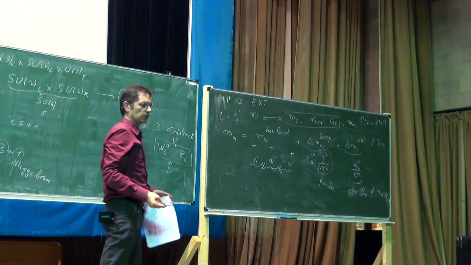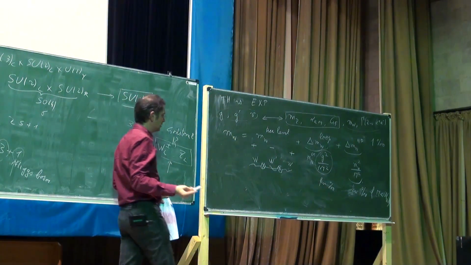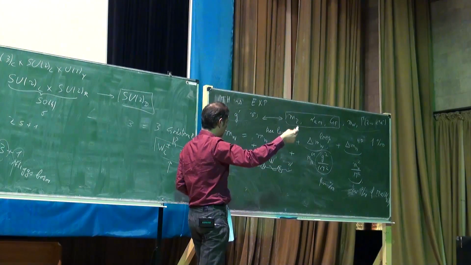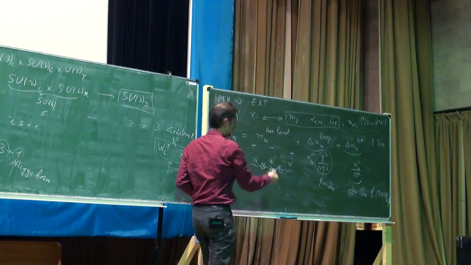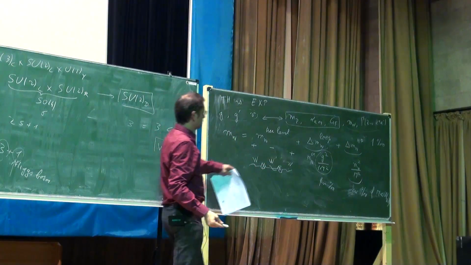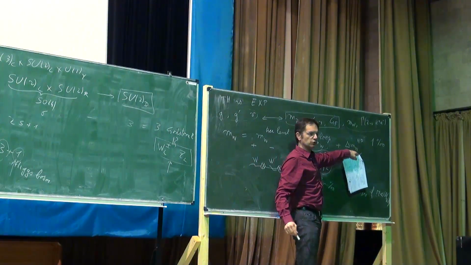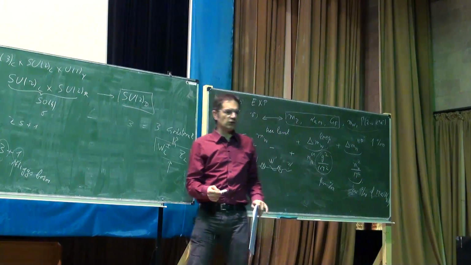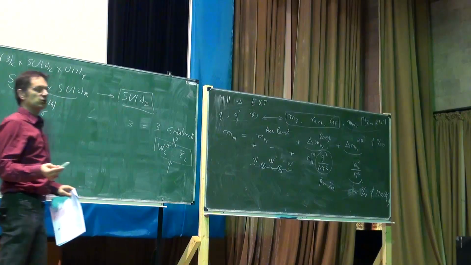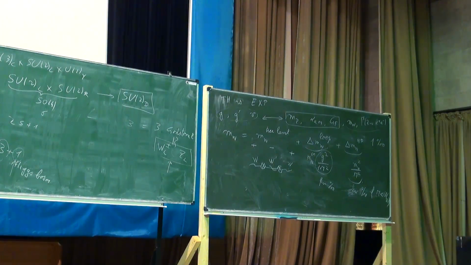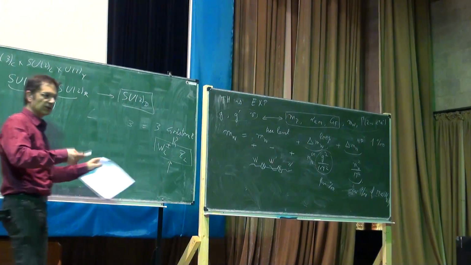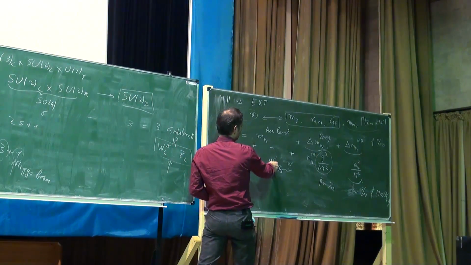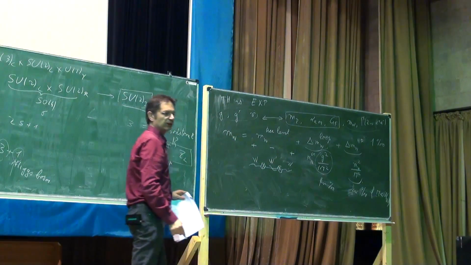So this cannot occur. So if you have a particular Z2 symmetry that distinguishes the particles of the new physics from the particles of the standard model, this means that there is no tree-level contribution to the electroweak observables. And that's exactly what happens in supersymmetry, for instance. In supersymmetry, at least if you have R parity, this R parity is exactly doing this Z2 symmetry, distinguishing the new physics sector from the standard model sector.